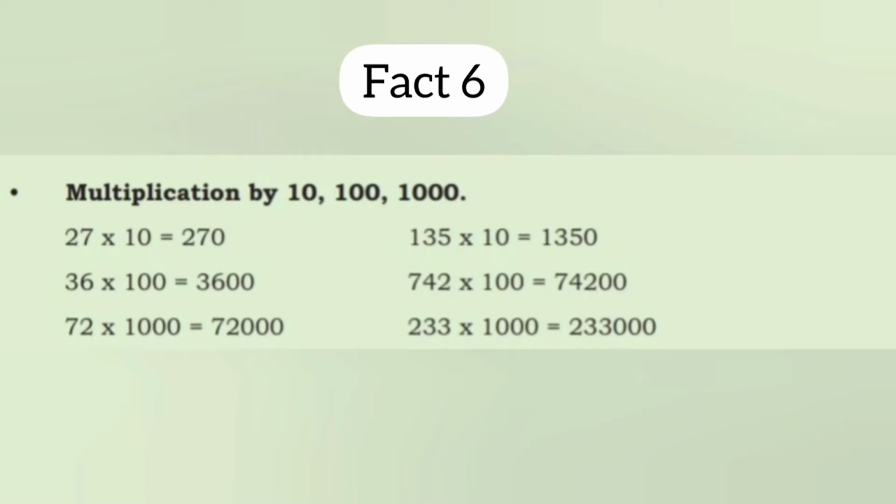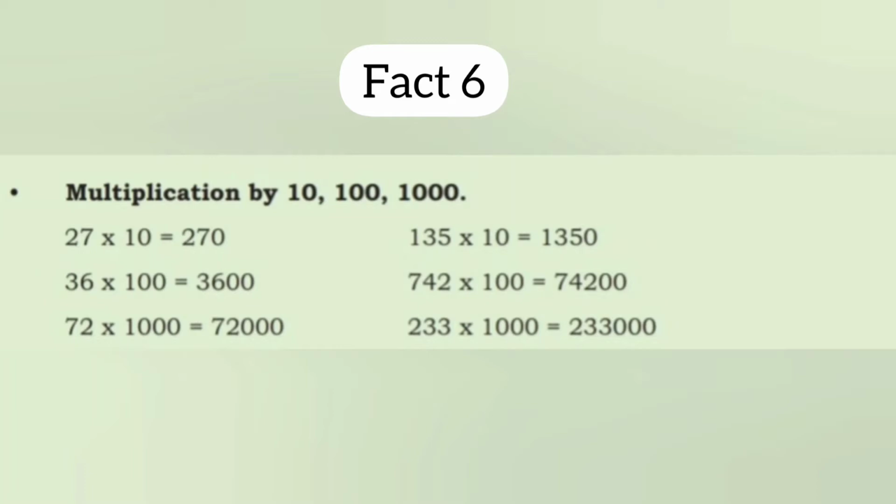In the same way, when you multiply a number with 1000, for example 72 into 1000, the product remains 72 followed by 3 zeros, that is in the ones place, tens place and hundreds place you have zeros. In the same way, 233 into 1000 is 233000. So when you multiply any number with 10, 100 or 1000, the multiplication is very easy.